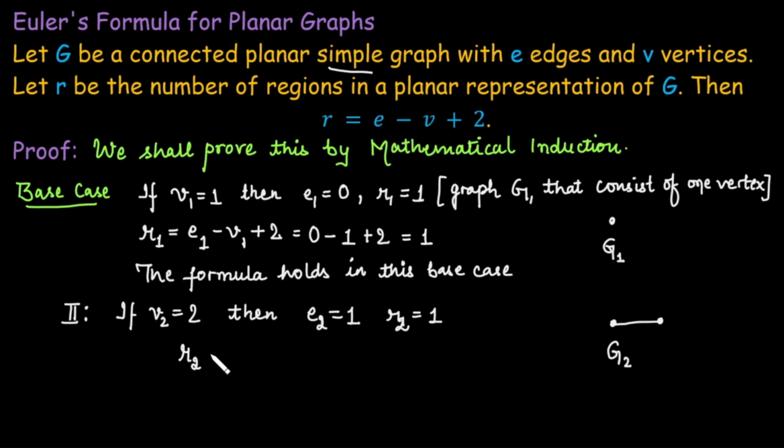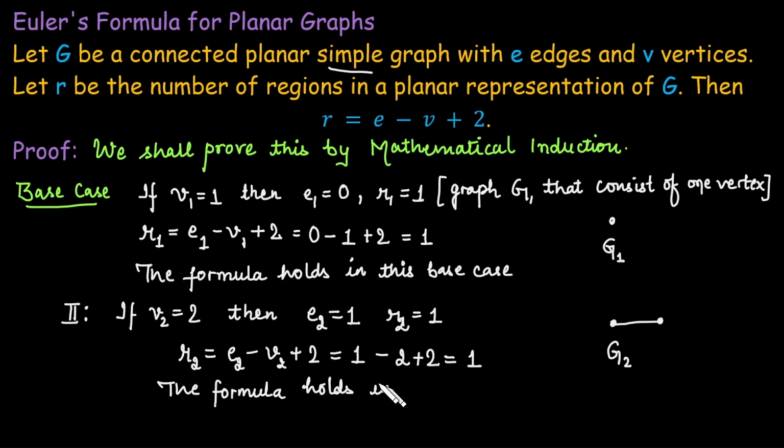For the G2 graph, the number of regions is equal to the number of edges in the G2 graph minus the number of vertices in the G2 graph plus 2. The number of edges in the G2 graph is 1, the number of vertices is 2, plus 2. This is equal to 1. Is the number of regions equal to 1? Yes. It means the formula holds in this base case.